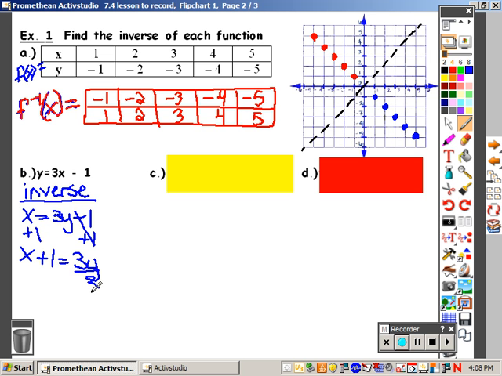So I'm going to divide by 3 here, divide by 3 here, and divide by 3 here. So what does my final equation say? Y equals, x over 3 means 1/3 x plus 1/3. That's the inverse function. That's what you get when you switch x and y and then solve for y.